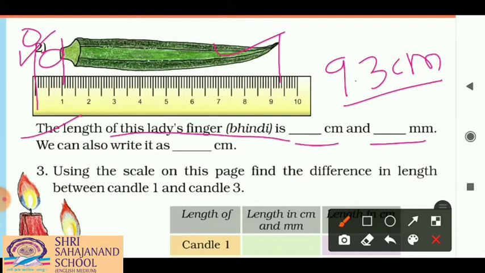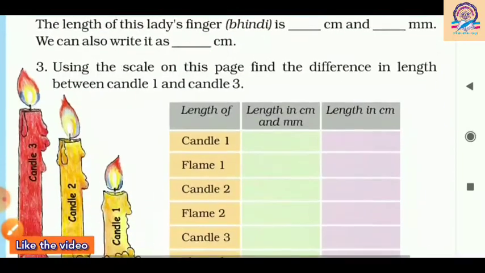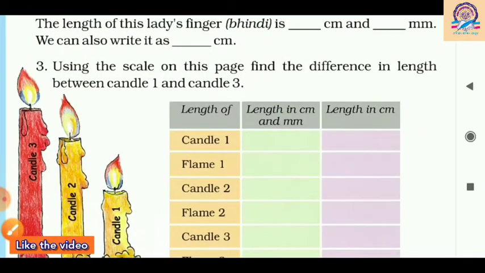So its correct length will be 8 centimeter and 3 millimeter, and in decimal form we can write it as 8.3 centimeter. Now come to the next question.